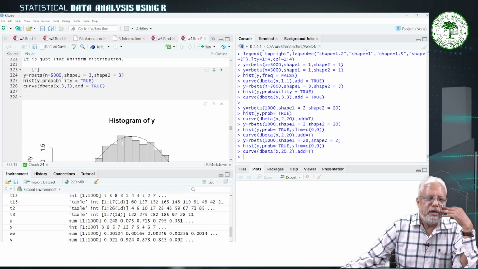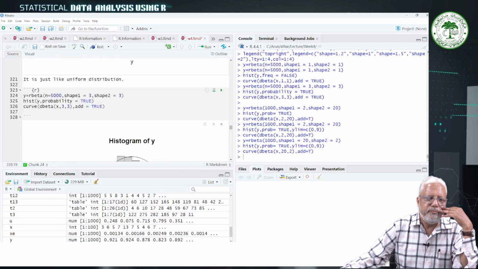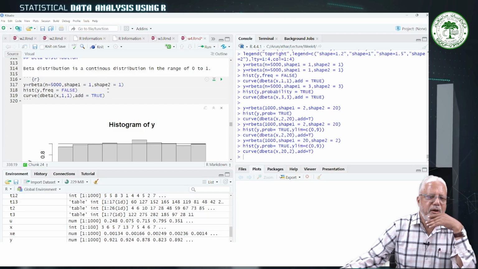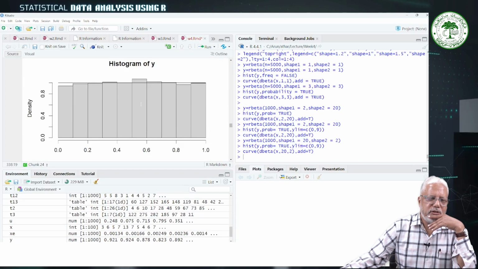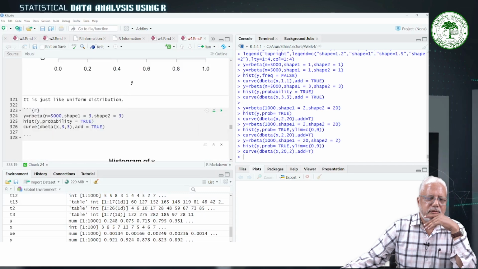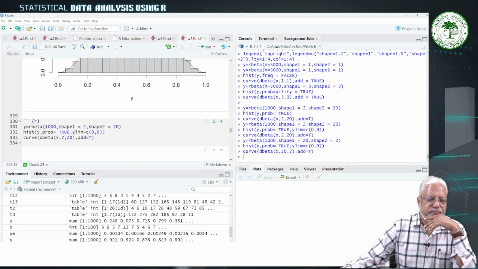And when shape 1 is equal to 3 and both are the same, we get a symmetric shape. And here also, when shape 1 is equal to 1 and shape 2 is equal to 1, it is uniform distribution, no doubt, it is also symmetric. So this is the effect of changing the shape parameters.